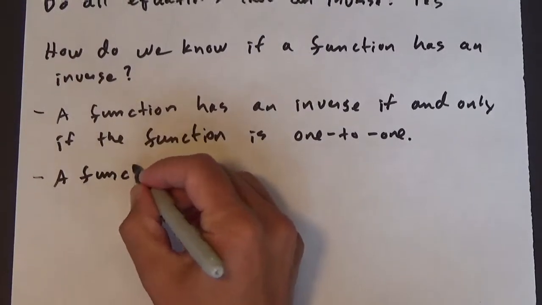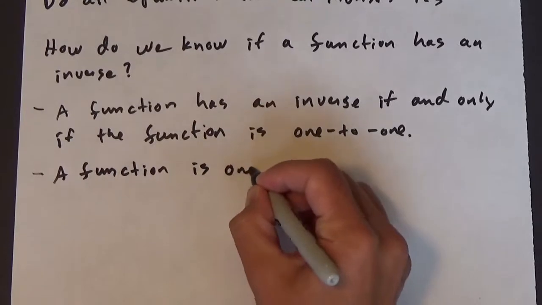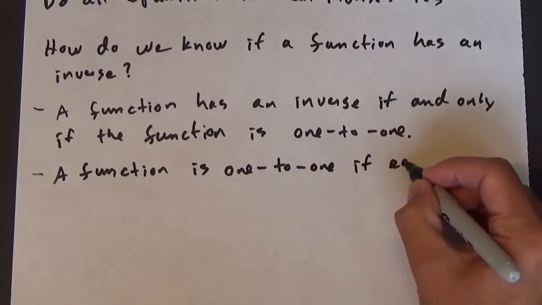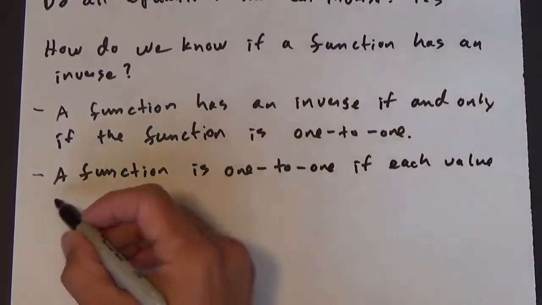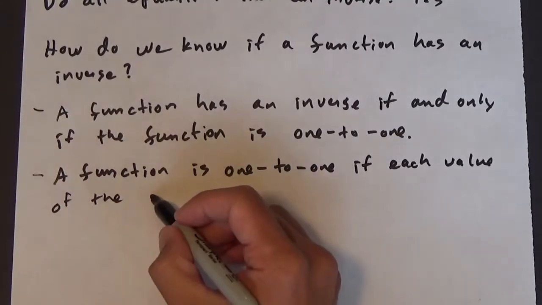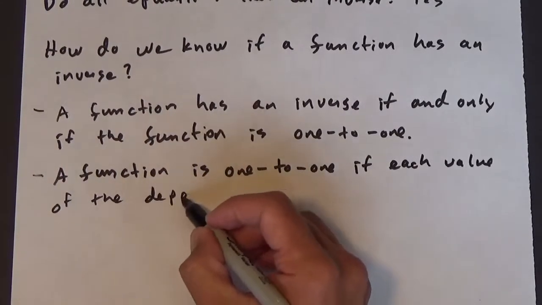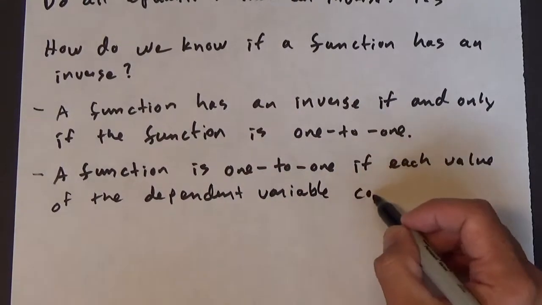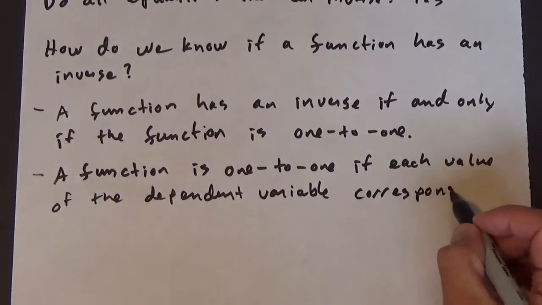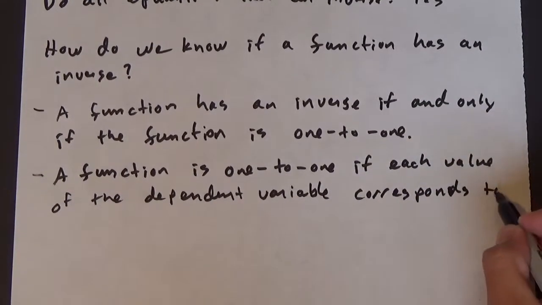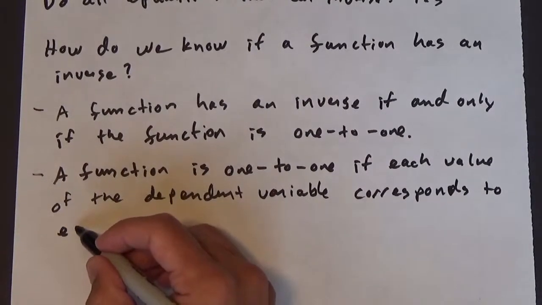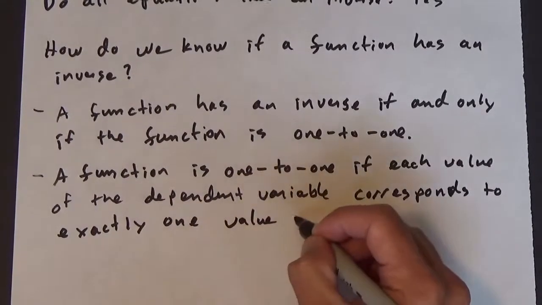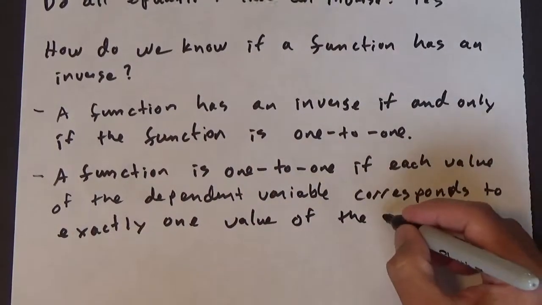A function is 1 to 1 if each value of the dependent variable corresponds to exactly one value of the independent variable.